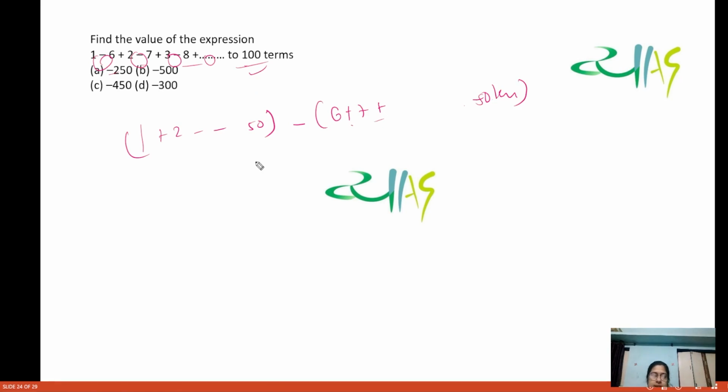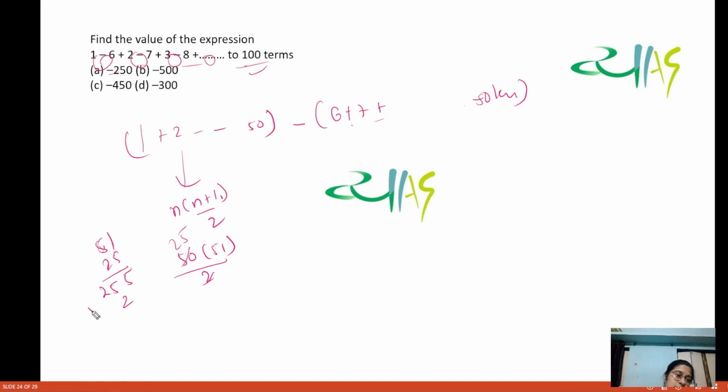So we have to find the sum; very easily you can find it with n into n plus 1 by 2. So what will that become, 50 into 51 by 2, that is 25 into 51, which is 1275.